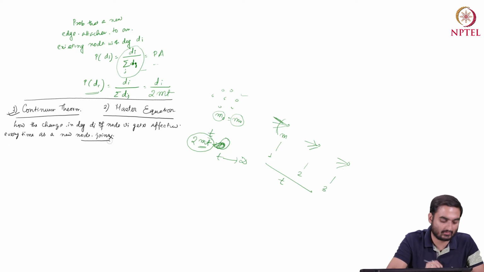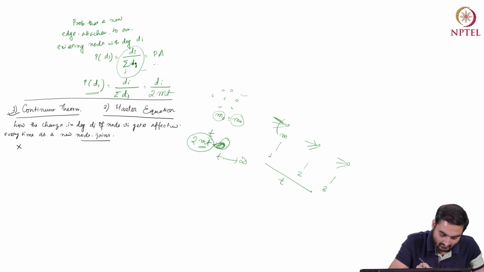So this is something that we are trying to understand. Okay, so the new edge, or the new link, that gets connected to a node is proportional to this one.